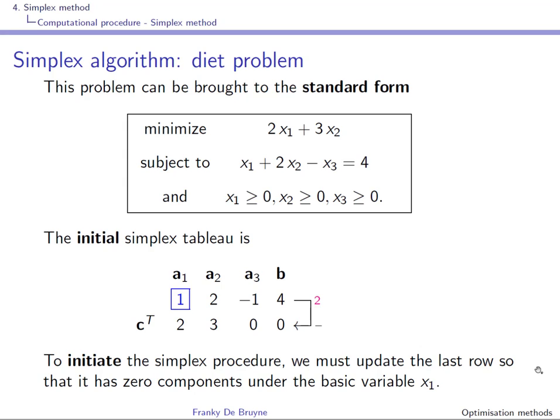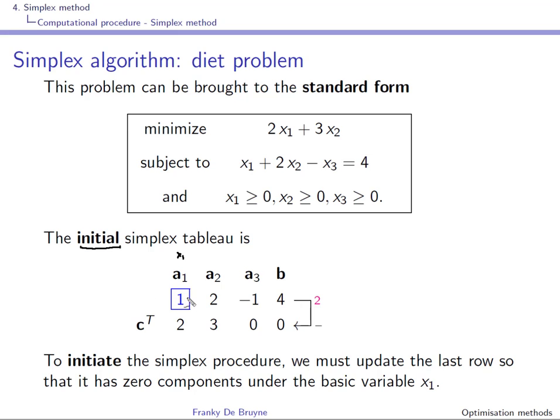Well, we have to write this problem in the standard form, in the form of a tableau, and this is the initial tableau that we get. So here we can see the single constraint, and here below we have written the cost. Here we choose to make the variable x1 a basic variable, so this is then the pivot, but we could also have made x2 the basic variable, right, and divide the equation by 2.